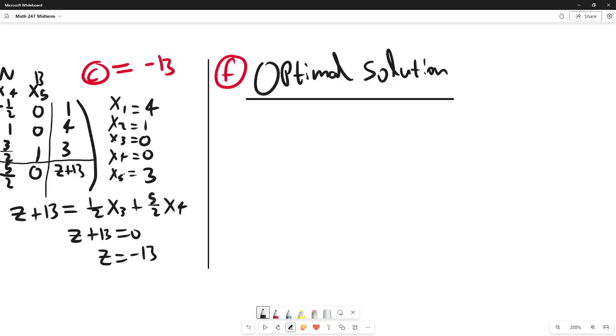We already know that z plus 13 is equal to 1 over 2 x3 plus 5 over 2 x4, right?